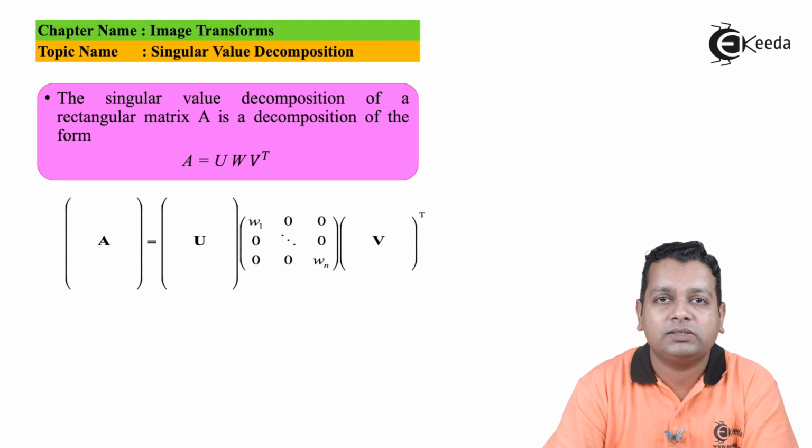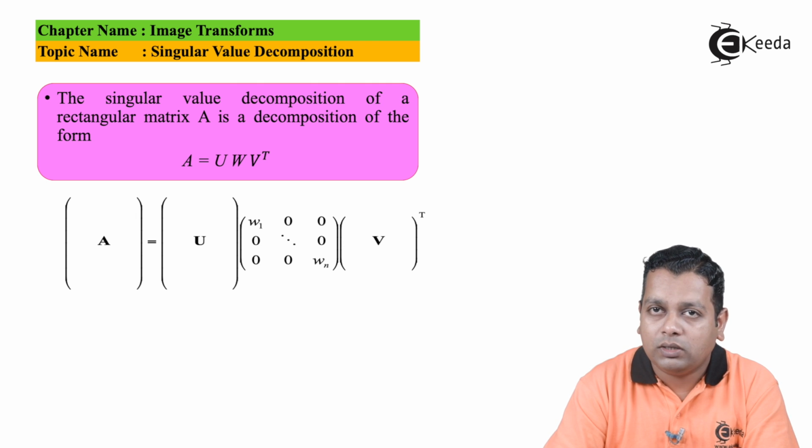The very first matrix, U, is the left singular matrix we can say. This V transpose, V to the power T, is called the right singular matrix, and the central one is called the singular value matrix, W. So A equals U into W into transpose of V. Whatever input we have provided as matrix A is to be decomposed into three matrices.